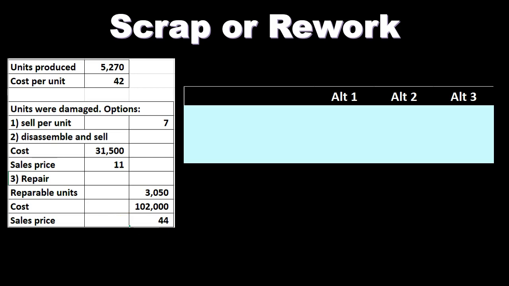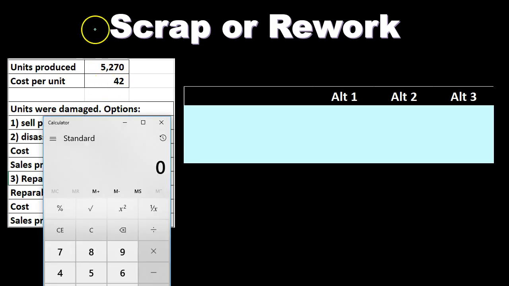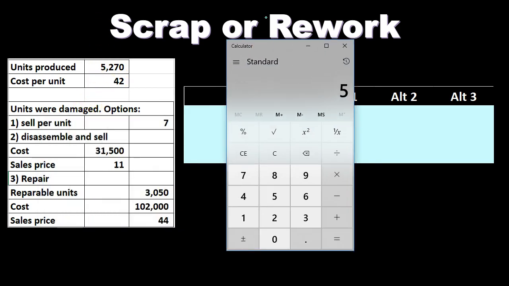Note what we're going to start off with here. The first thing is not to consider the sunk costs. We might think, this is terrible, because we were expecting to sell them for some amount clearly higher than this. We were expecting to have some type of profit. We have a sunk cost because we already spent 5,270 times 42.